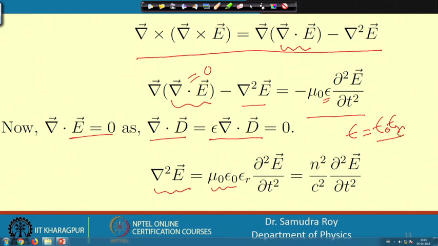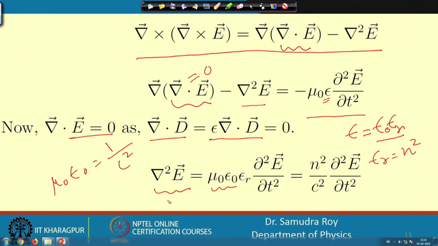So, I just replace epsilon 0 epsilon r, and mu 0 epsilon 0 is nothing but 1 divided by c square, where c is the velocity of light. Then I will have n square divided by c square. Again, epsilon r is equal to n square, which we also did in the previous slide.